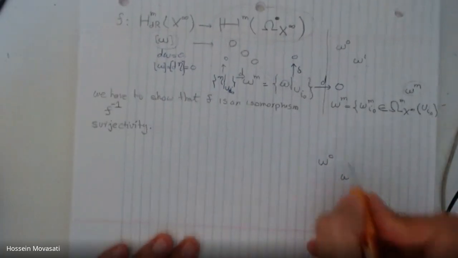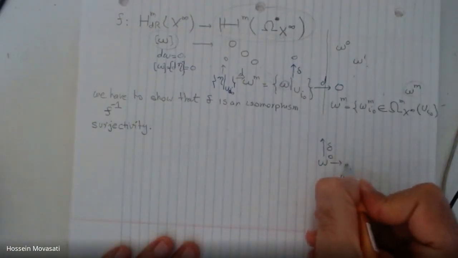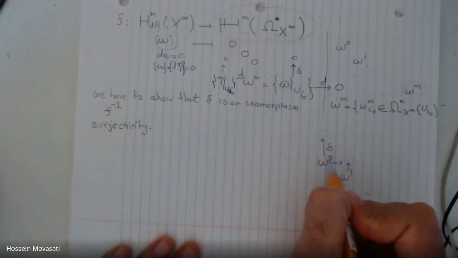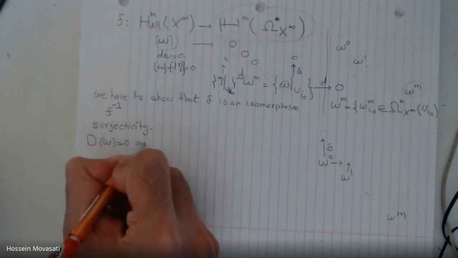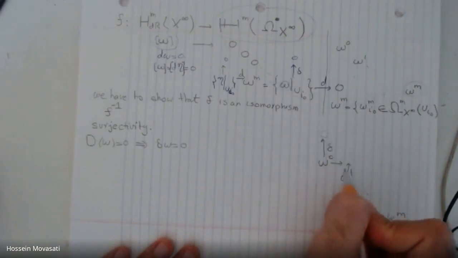So D of this guy is 0. So remember that there was delta, D, and so on. D of this guy is 0, and at this position there is just the contribution of omega 0. This means that D of omega equal to 0 will imply that delta omega equal to 0, because there is no contribution at this place from other omega i's.